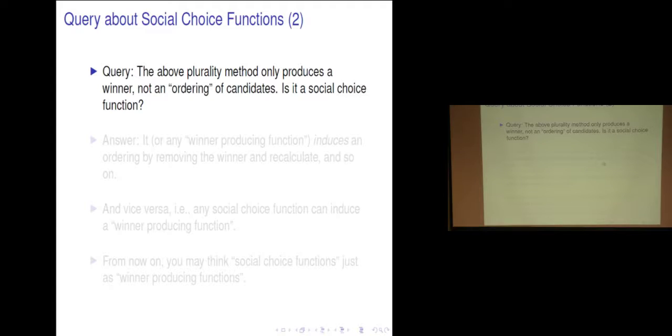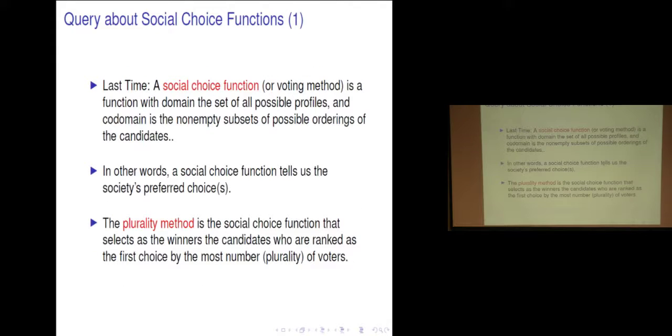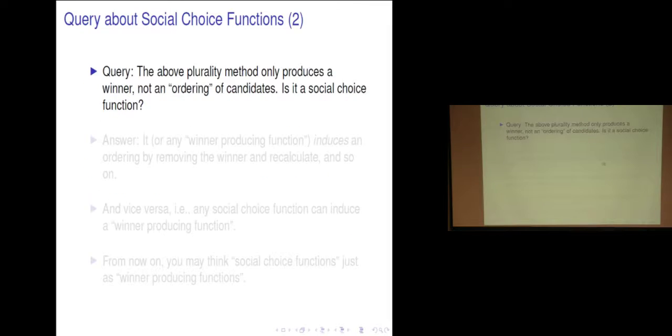It produces only the top candidate, or possibly a tie among a few, but not a list. So is this a social choice function? I said it is a social choice function, but literally these two items don't fit. So what's going on? Indeed, I missed something.